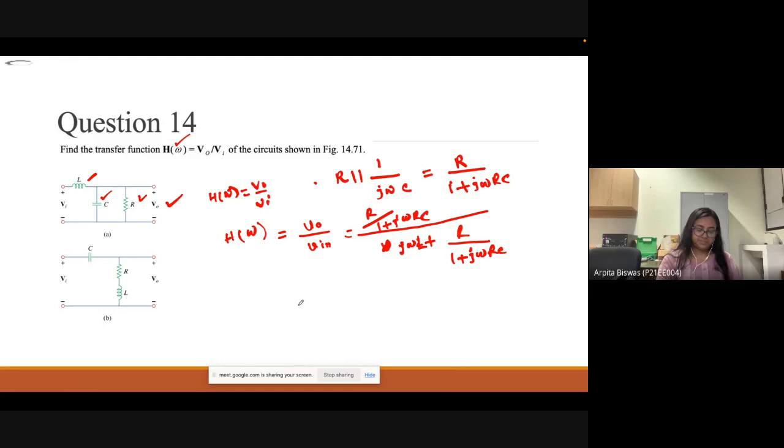Okay, then what is the value? R by R plus j omega L into 1 plus j omega RC.